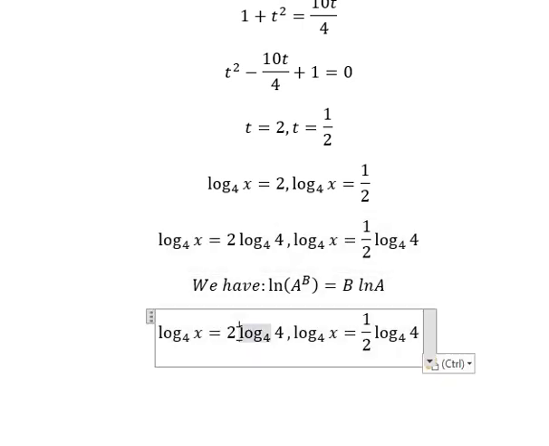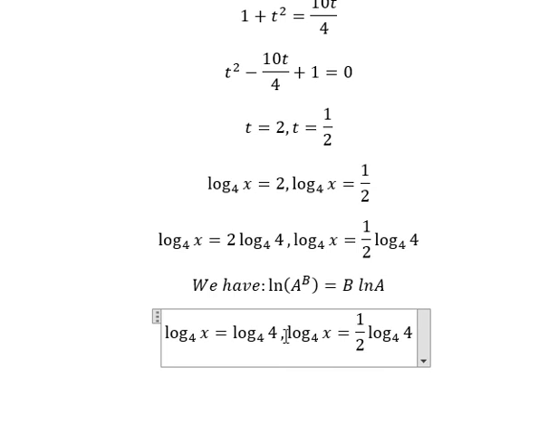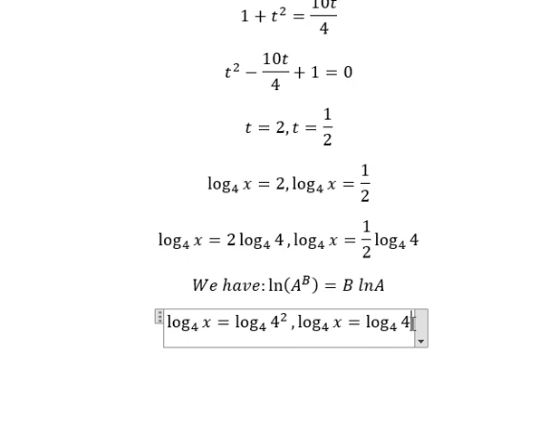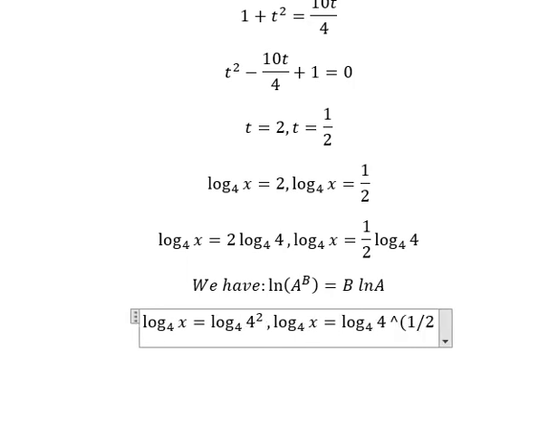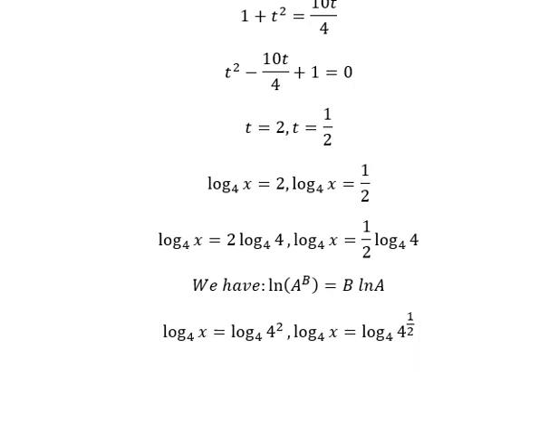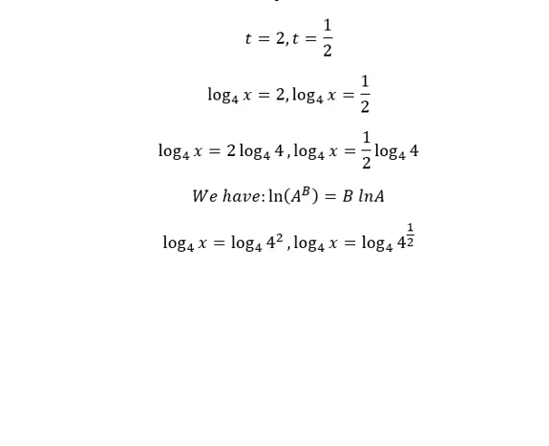So we have 4 to the power of 2, and this one we have 4 to the power of 1 over 2. So if we simplify in here, we have s equals 4 to the power of 2 and s equals 4 to the power of 1 over 2.